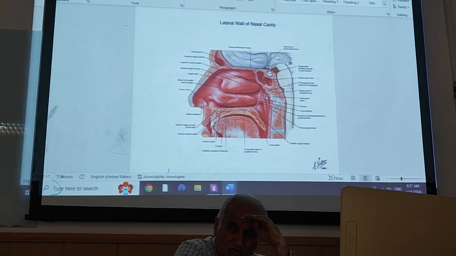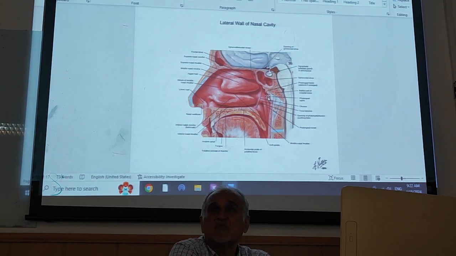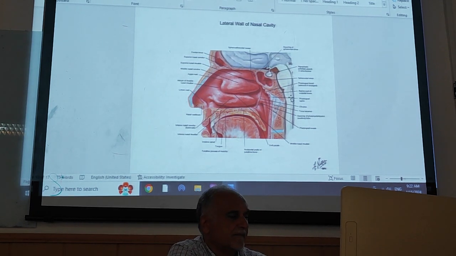At the most upper part of the pharyngeal part that you can see here, we say nasopharynx. Yes, this one is nasopharynx. So the upper part, the roof, is covered by this tonsil that we call adenoid or third tonsil.